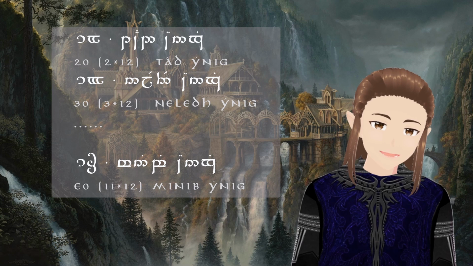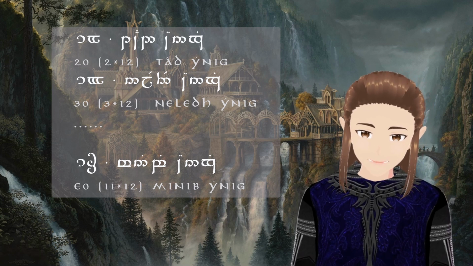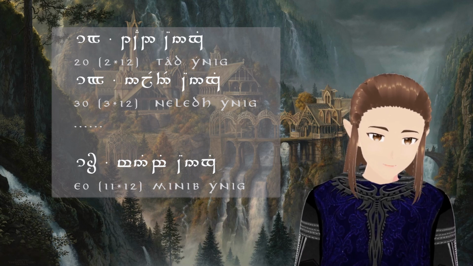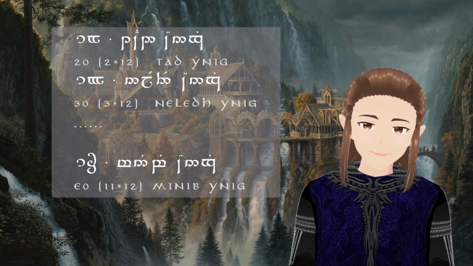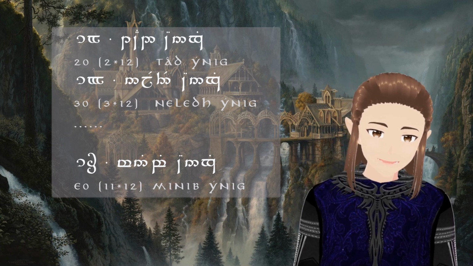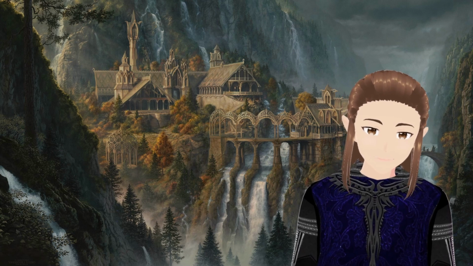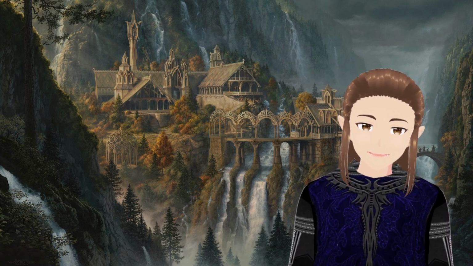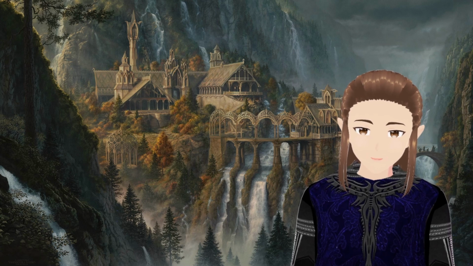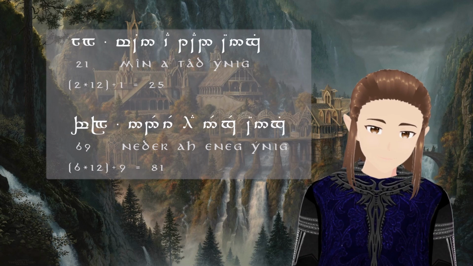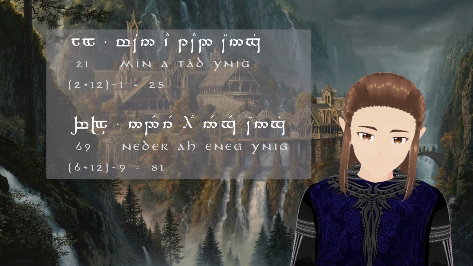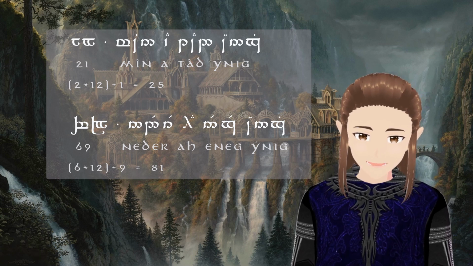It is perhaps easiest to think of these as dozens, so tad unik would be 2 dozens, neleth unik would be 3 dozens, and so on. To express a ones place value, simply say the number and use "and" to connect it to the 12's place value. So for example, min a tad unik, neder a henek unik.